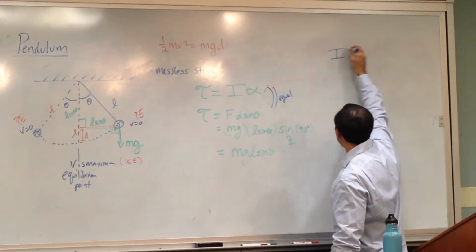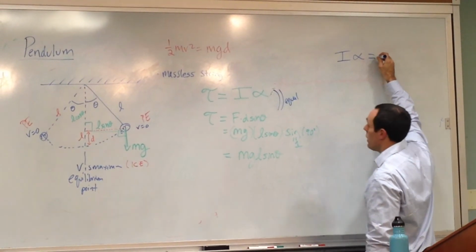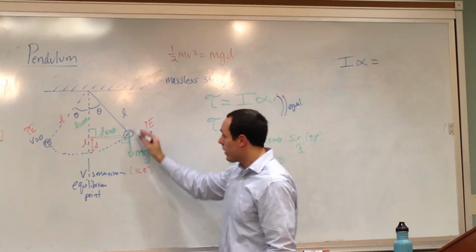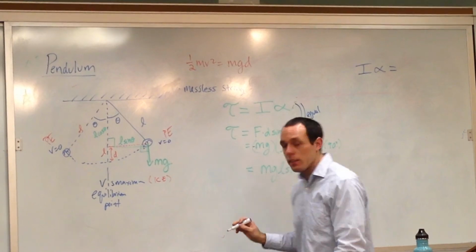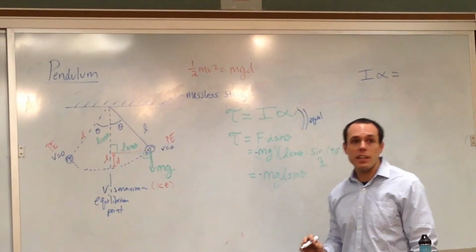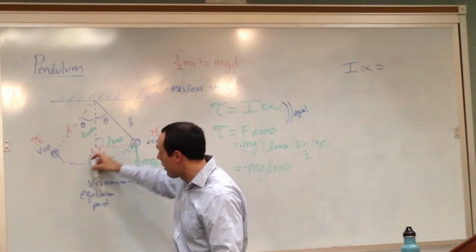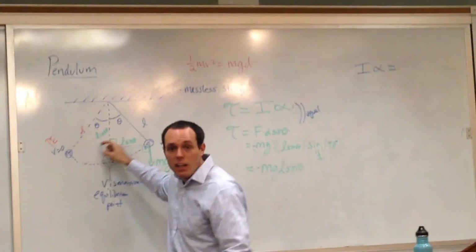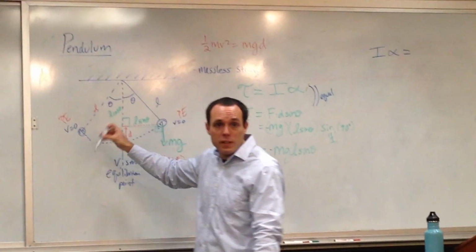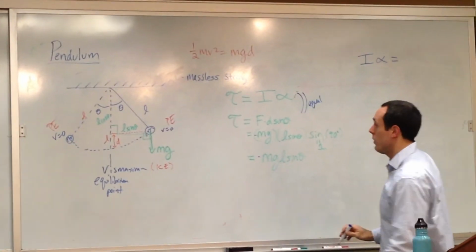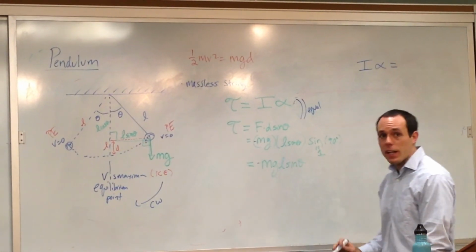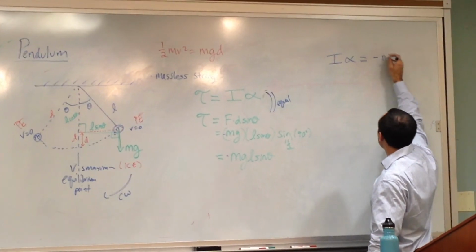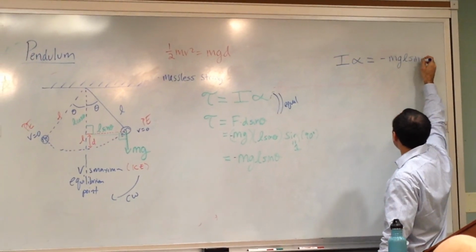And what I'm going to say is I alpha is going to be equal to, and actually I've forgotten something, since it's pointing down, the force here is technically negative. So the torque is technically negative. Notice it's creating, in this case, as I'm showing you, a clockwise rotation, so that will give you a negative torque. So it's clockwise and thus negative, so that's why we have negative here. So I alpha is minus mgL sine theta.